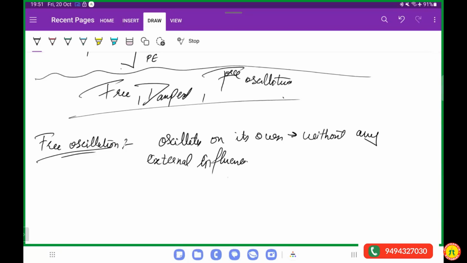So free oscillation is on natural frequency.